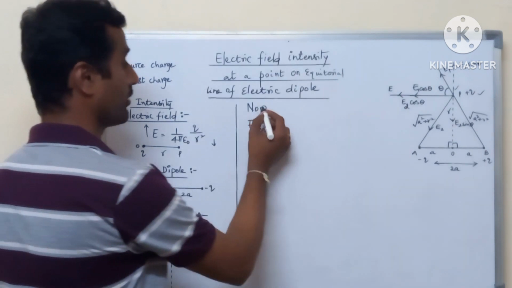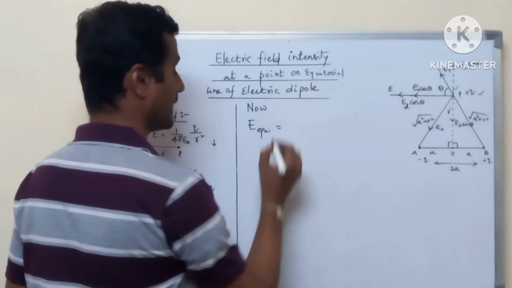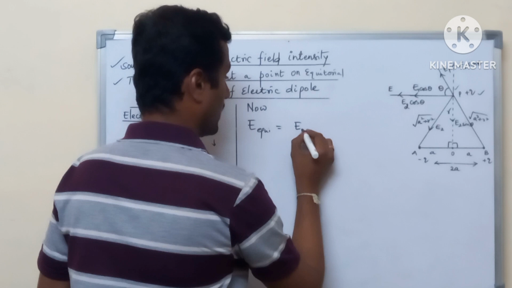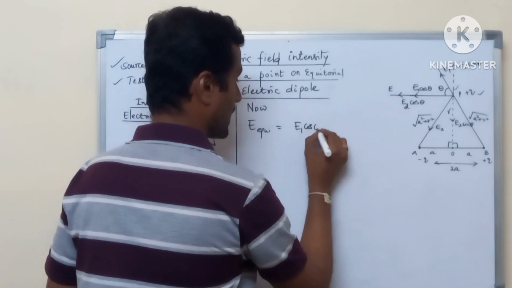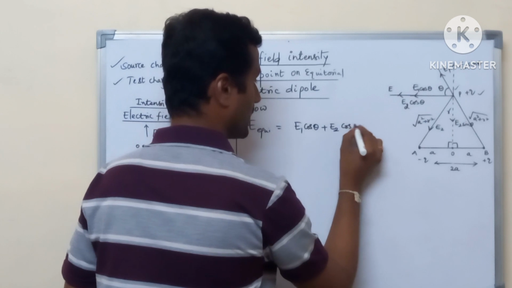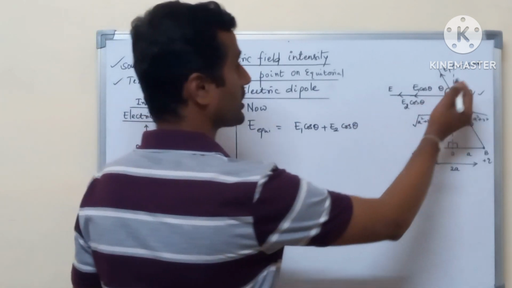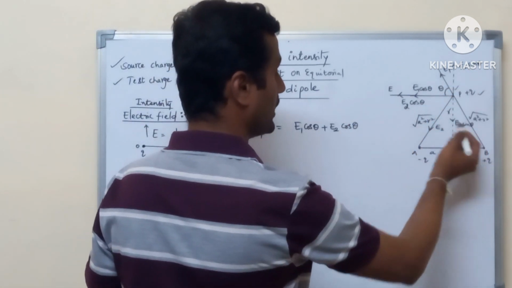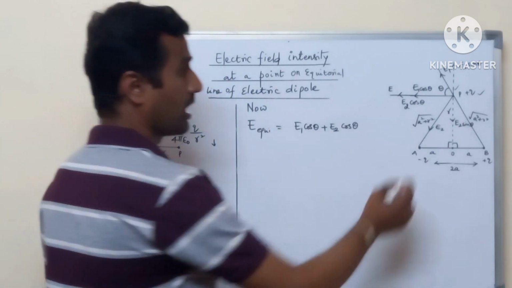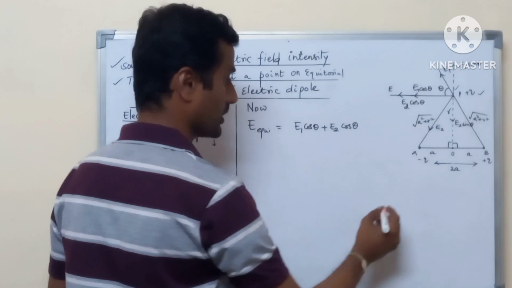Now the intensity of electric field on the equatorial line is equal to E1 cos theta plus E2 cos theta, because E1 sin theta and E2 sin theta are acting in opposite directions to each other.